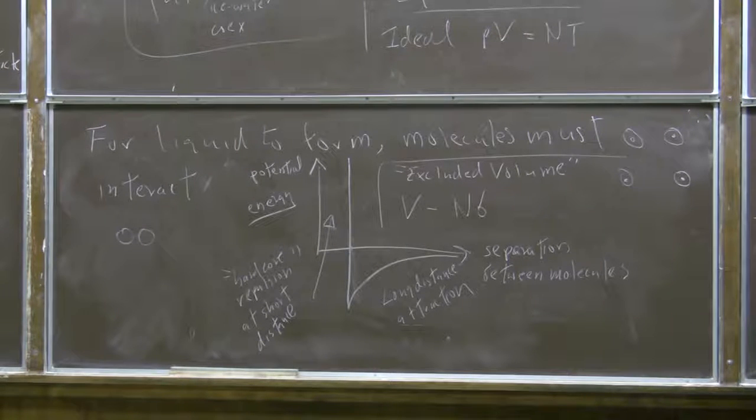Actually, why don't I just sum over all the particles, and then I'll put in a 1/2 so I don't overcount the pairs. And I'll say 1/2 then times sum over pairs. The potential energy of the pair, which depends on the positions of the particles labeled by i and j.